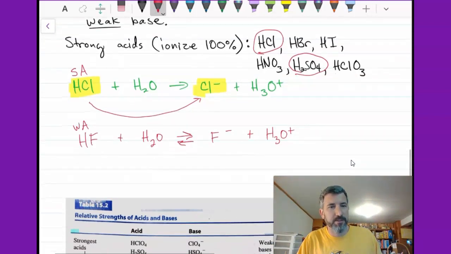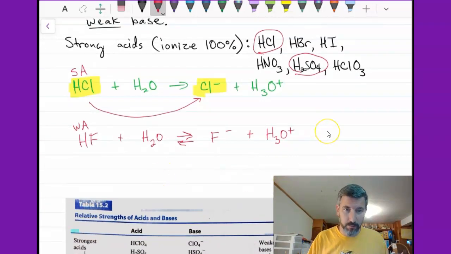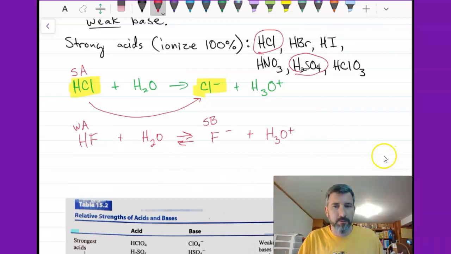But because that HF is a weak acid, its conjugate F minus, right, is going to be a relatively strong base. And what does that mean? Well, it means that when that F minus encounters a hydronium, it's going to accept a hydrogen ion from the hydronium.